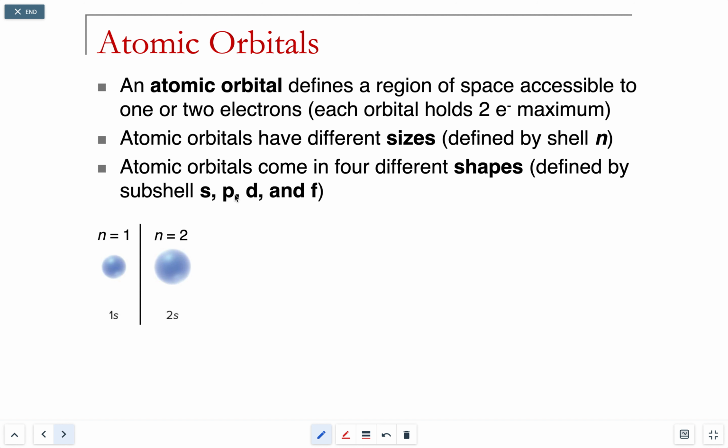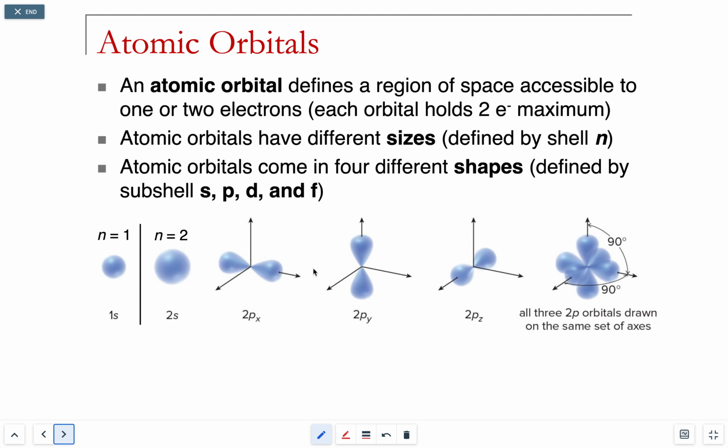When we look at the shape of the p orbitals, there are 3 orientations. The shape is the same, it looks like a dumbbell, but there are 3 of these orbitals as opposed to the s orbitals where you only have 1. The different p orbitals have the same shape but are oriented along the different Cartesian axes, so they're related to one another by 90 degrees.